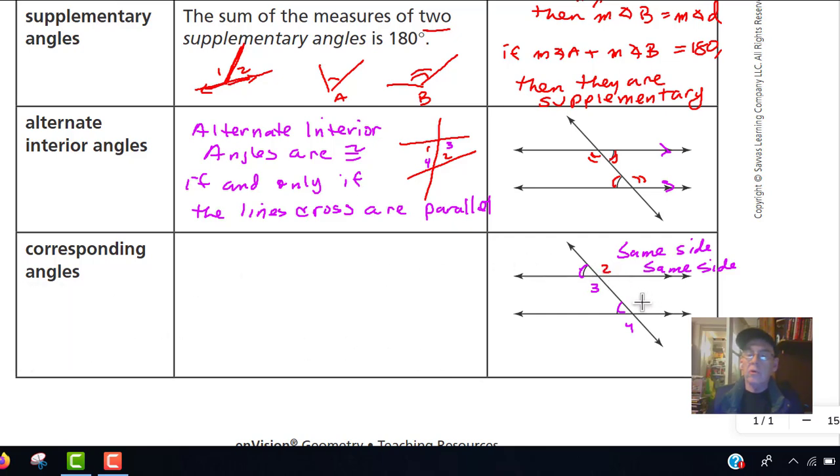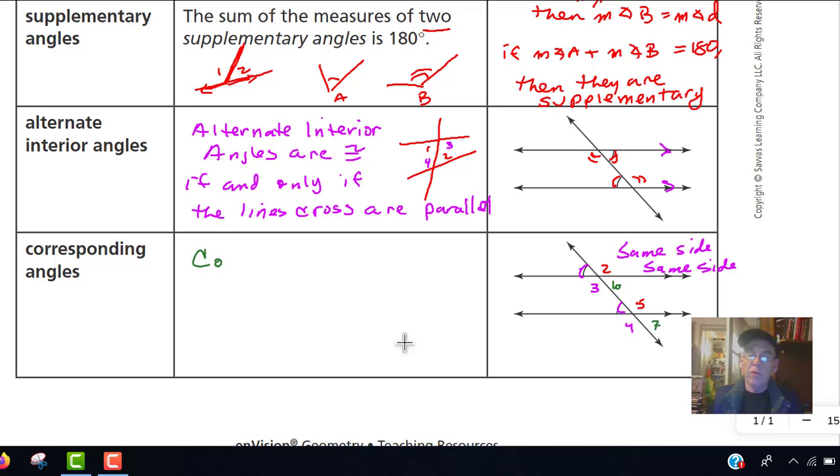This angle 2 and this angle 5 would be a pair of corresponding angles. And this angle 6 and this angle 7 would be a pair of corresponding angles. So corresponding angles are congruent.